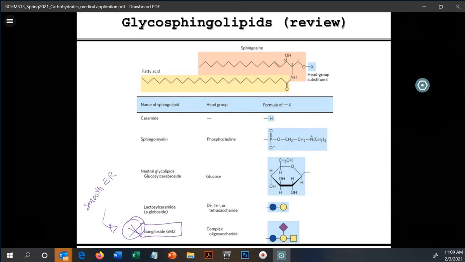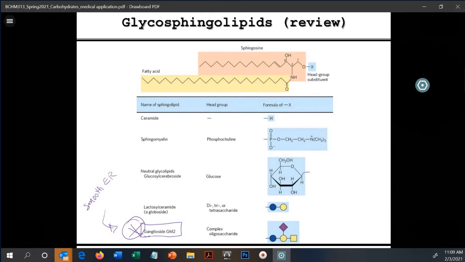So what happens when we're going to be breaking down these lipids? Well, the reverse is going to occur. So we're going to have essentially an endocytosis event at the cell surface, and that endocytic vesicle is going to fuse with a lysosome, right?